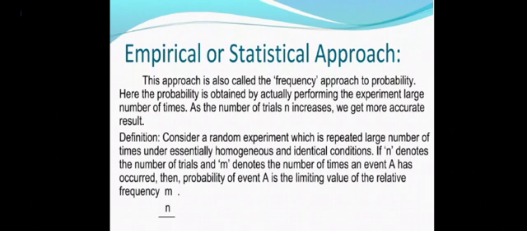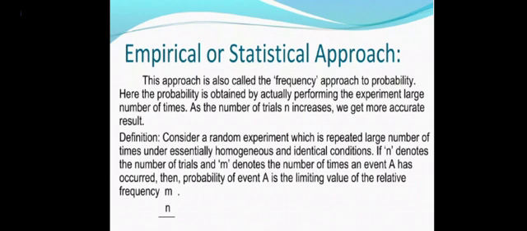As the number of trials n increases, we get more accurate results. The definition: consider a random experiment repeated a large number of times under essentially homogeneous and identical conditions. If n denotes the number of trials and m denotes the number of trials in which event A has occurred, then the probability of event A is the limiting value of the relative frequency m divided by n.